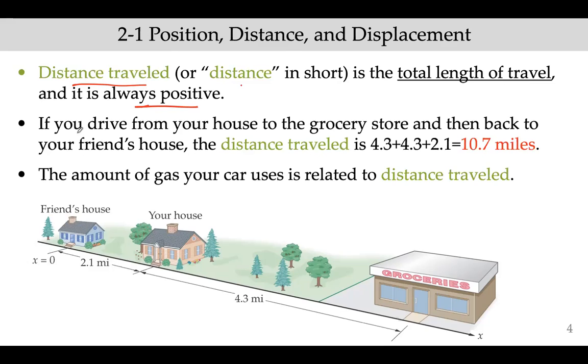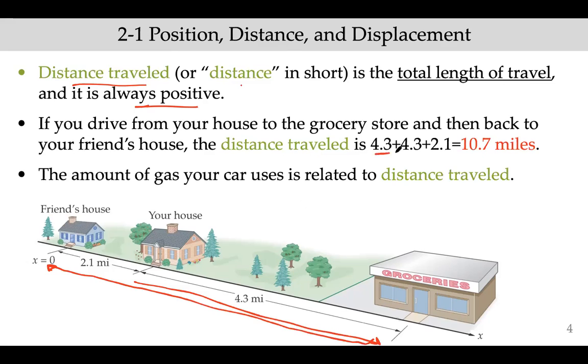So let's think about this. If you drive from your house to the grocery store, you're going to do the same thing again. You're going to start from here, drive to the grocery store, and then go all the way to your friend's house. Now, what is the distance traveled? How much do you travel? 4.3 miles, and then another 4.3 miles here.